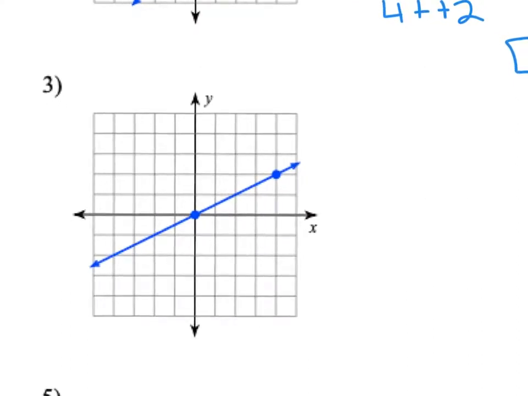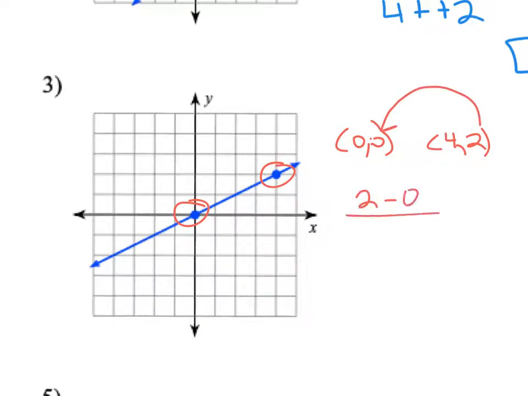So from this first graph that I've got in front of me, I've got the point 0, 0, and 4, 2. Again, to find my slope, I'm going to take my y's and subtract them. So 2 minus 0, my change in y, and then I'm going to subtract my x's, or 4 minus 0.